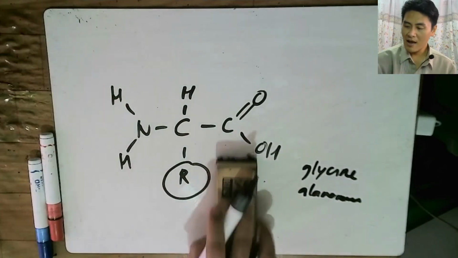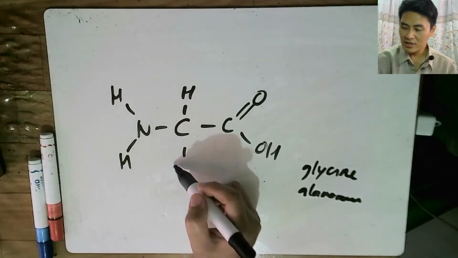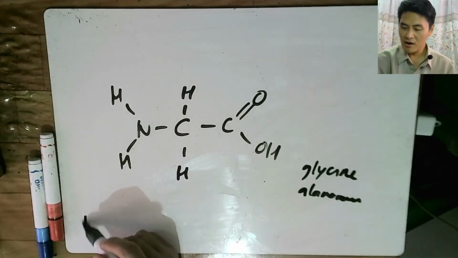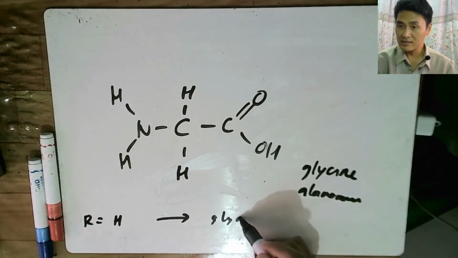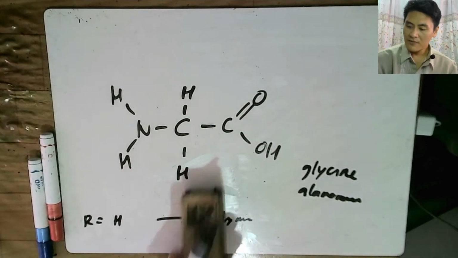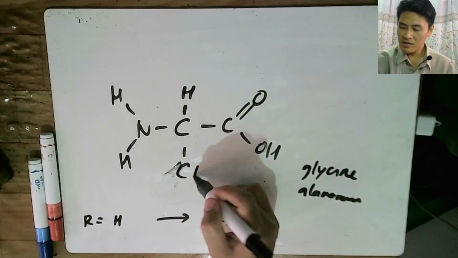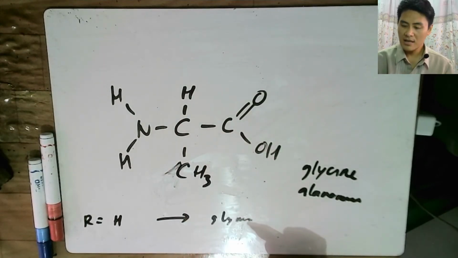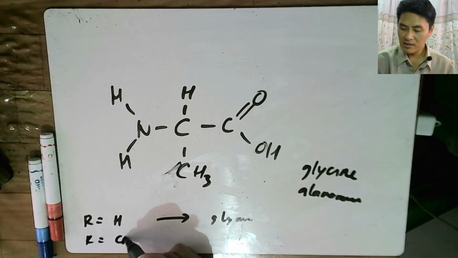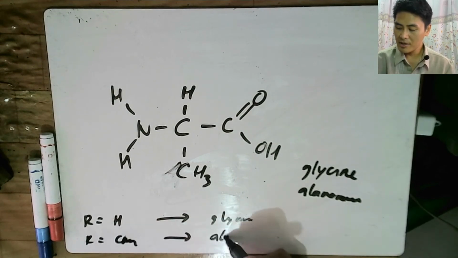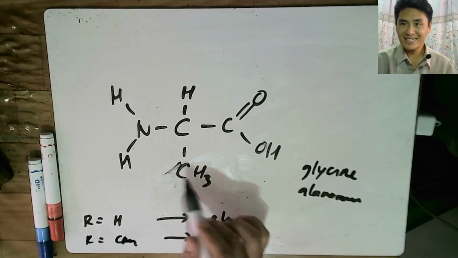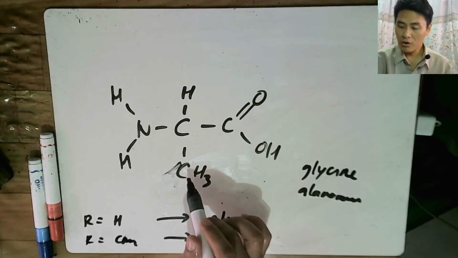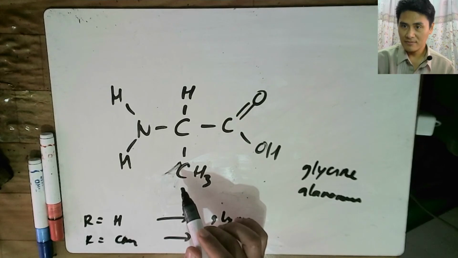So if the R is just H, then the amino acid is glycine, right? If the R is CH3, then the amino acid is, if I remember it right, alanine. So this R here gives identity to your amino acid, okay?